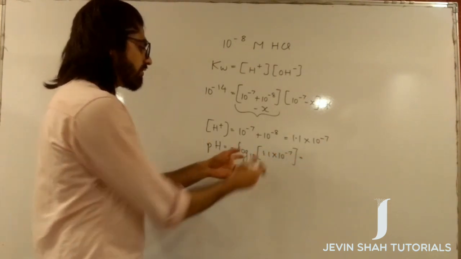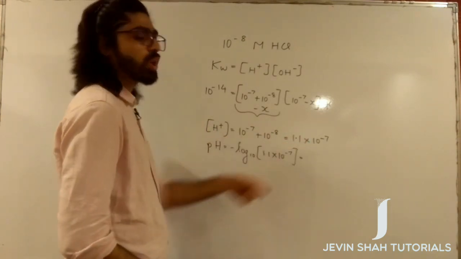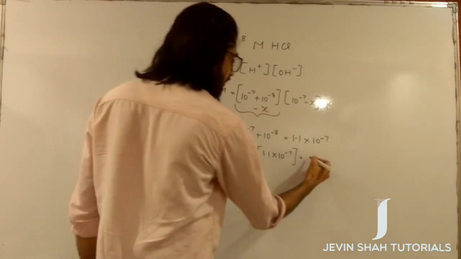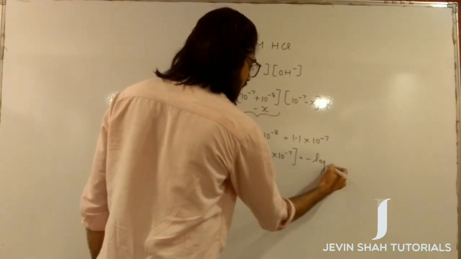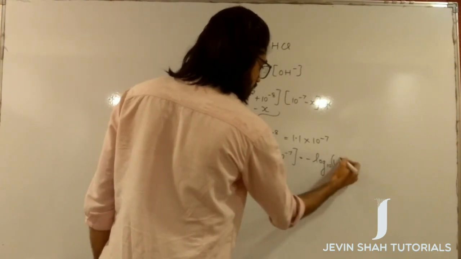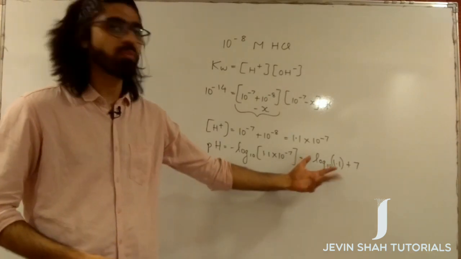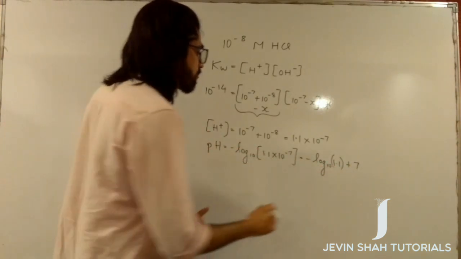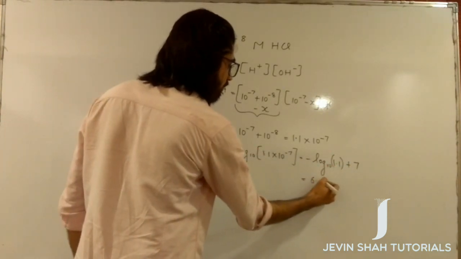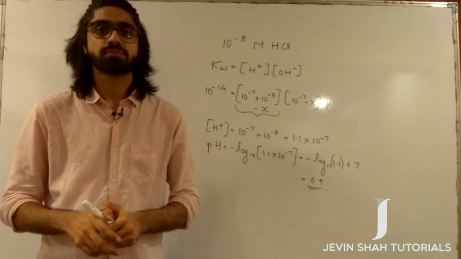If you split that, it will be minus log to the base 10 of 1.1 minus log to the base 10 of 10 power minus 7, which is minus log to the base 10 of 1.1 plus 7. And this minus log to the base 10 of 1.1 might be something like 0.1 or so. So 7 minus 0.1 will give you roughly 6.9. And that is the final pH of this solution.